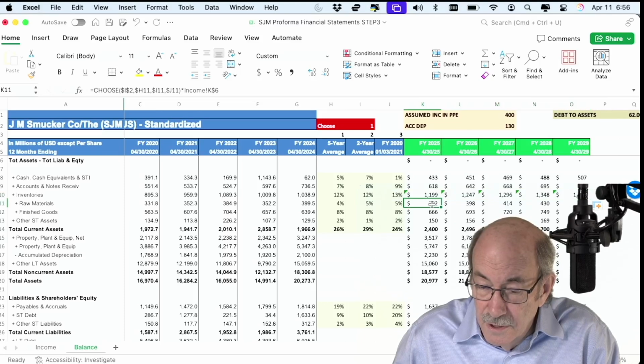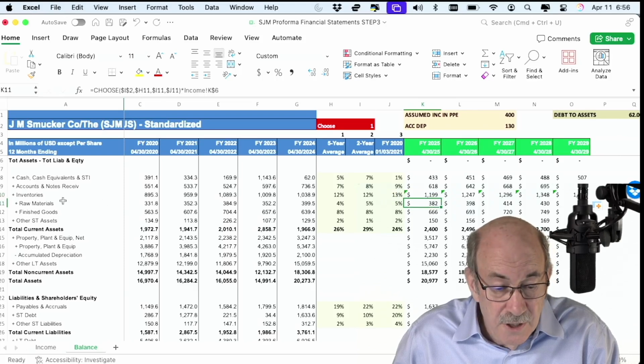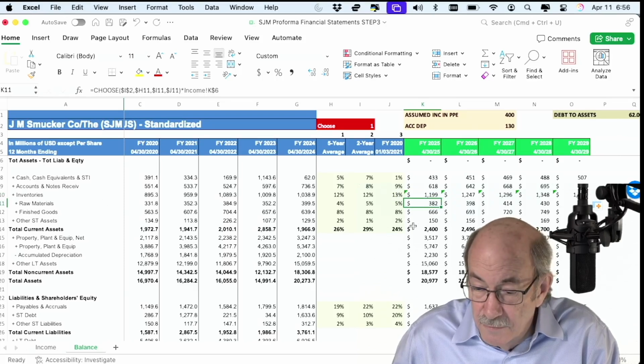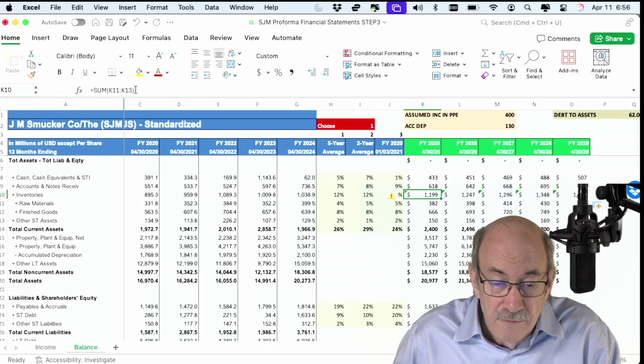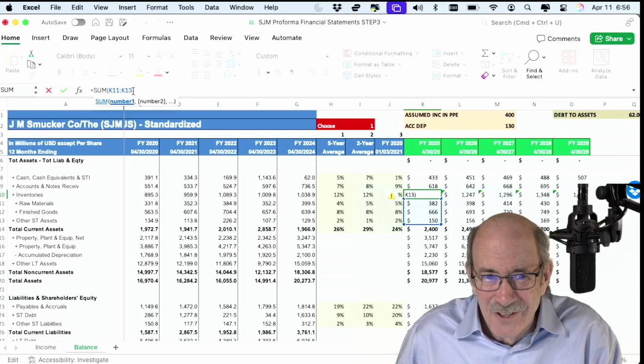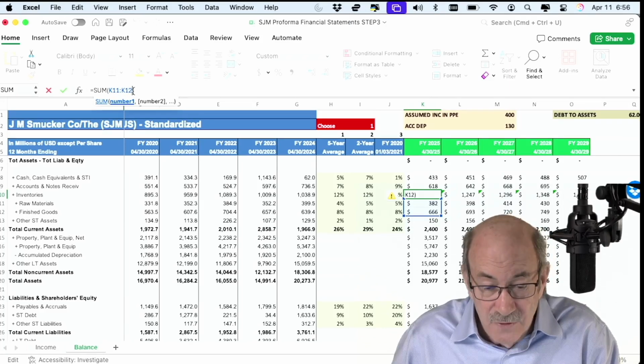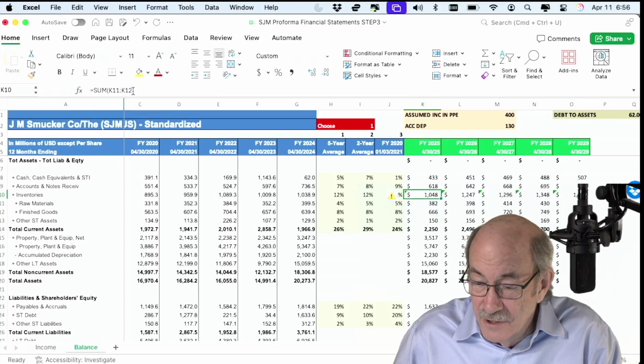That came out slightly differently, but that's what I want to do. Sorry, I goofed. Nobody called me on that one. I went down 3 rows and I should have only gone down 2. That's why I got a change in those. All right, so let me fix that. There we go. Now we're back where we should be.